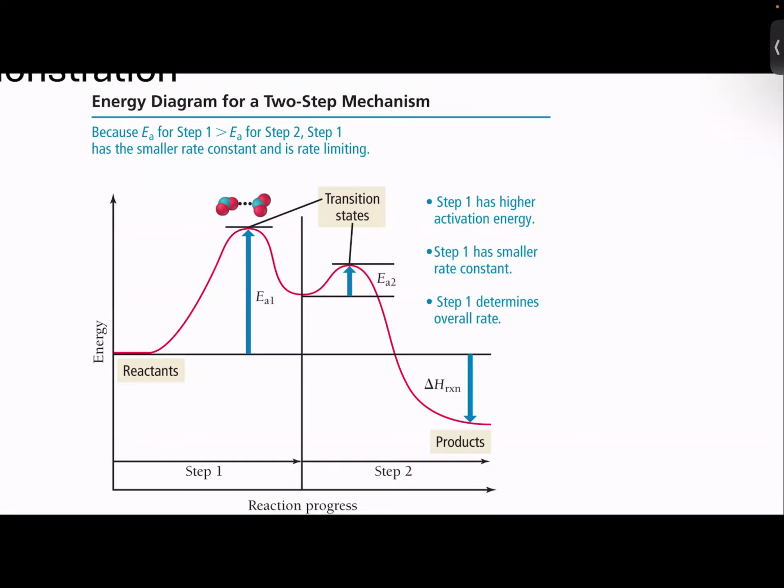When we say it's the slow step or the rate determining step, what we're describing is the energy of activation. If it is a slow step or a rate determining step, that means that step is going to have the biggest energy of activation. So since our first step was the slow step, we would expect the first step's energy of activation to be the larger energy of activation.